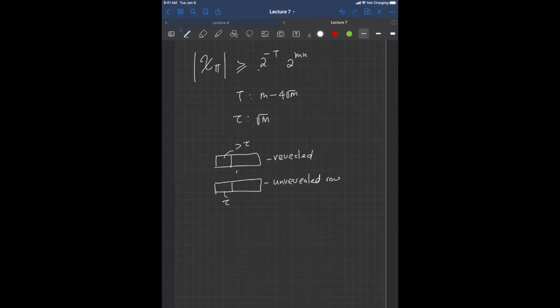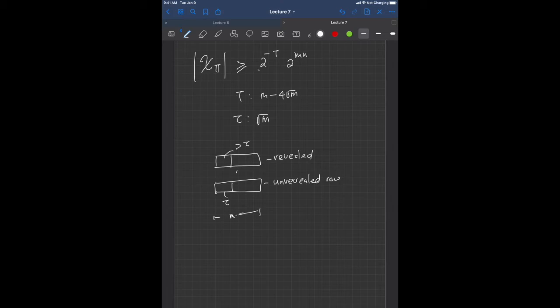And we know that in the second stage, using some kind of trick, we can force the players to solve the universal relation on an unrevealed row. So they have to find a difference in an unrevealed row. But if they already know tau bits, what's the length of this row? This is n bits, right? So there are only n bits in this row, and in the first stage, by this argument, it's only going to say that they are not sure about at least n minus tau bits.